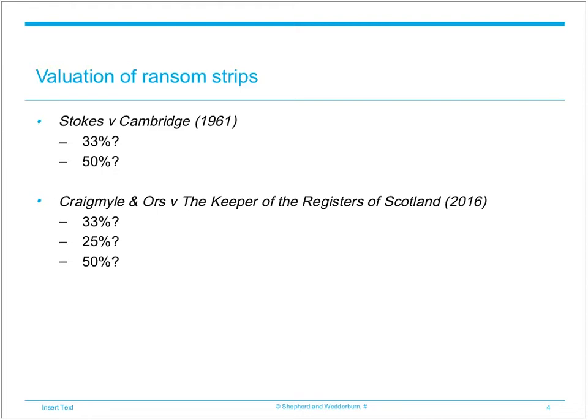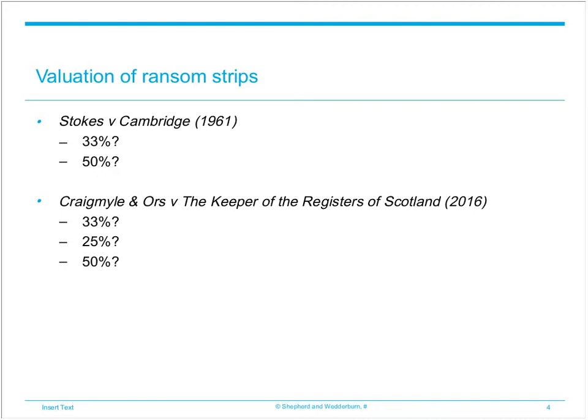The tribunal went with 33%, but they also went on to say that apart from the methodology which is used, the critical element of Stokes was that it assigns a ceiling of 1/2 of the gain where the ransom strip constitutes the only key to unlocking the development.